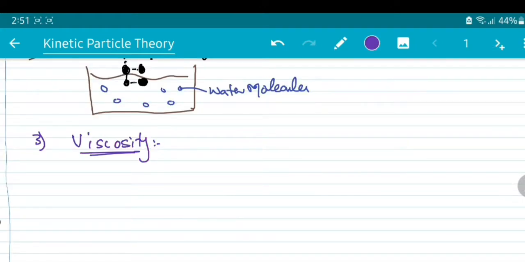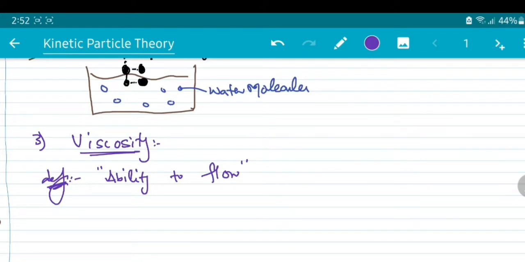Our third physical property is viscosity. The definition of viscosity is simply the ability to flow, like how thick the liquid is. Like honey, for example: honey is more viscous than water.